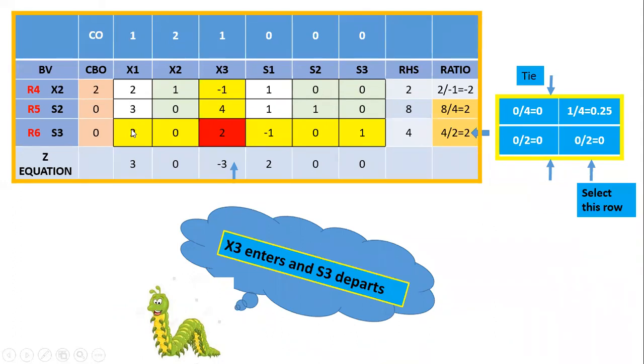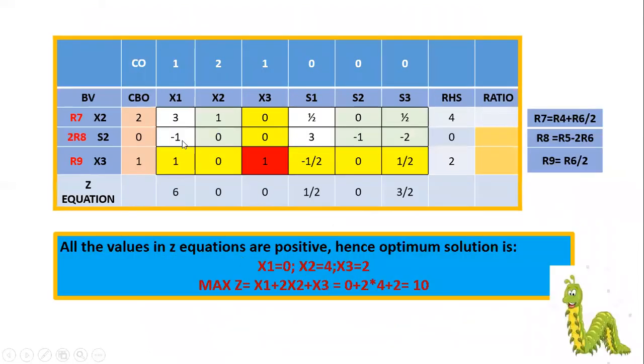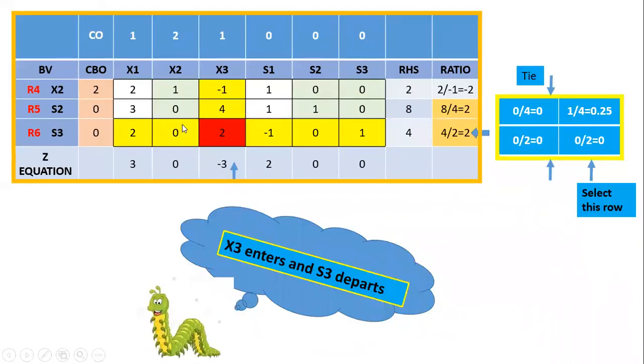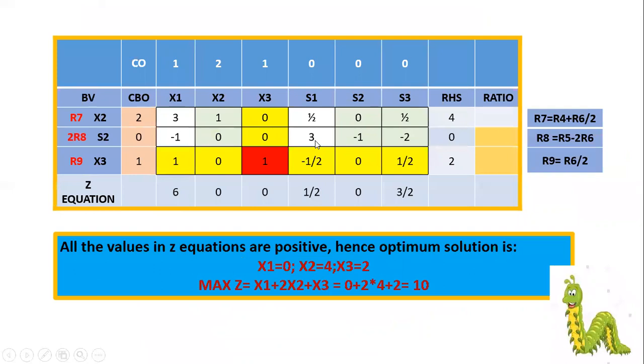So 3 minus 4 is minus 1. So this will be 0. This is 0. 1 minus 2 times of this. 1 minus 2 is minus 1. So plus 1 is 3. Again minus 1, minus 2 and 0.